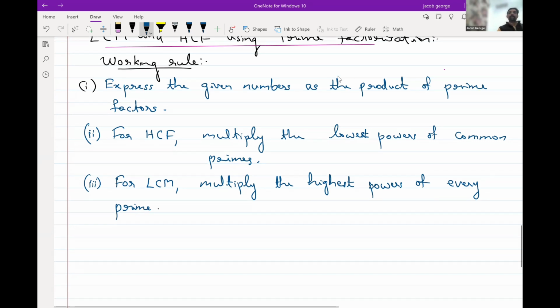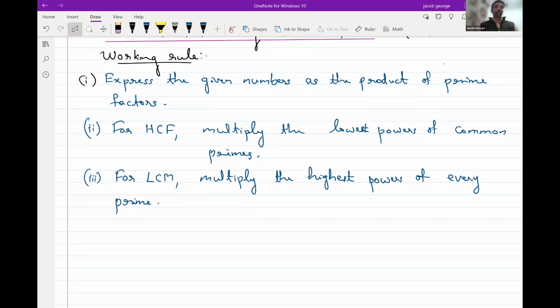Okay, so these are the working rule steps. Step number 1, express the given numbers as a product of prime factors. For HCF, multiply the lowest powers of common primes. I will explain it with an example, then you will get a clear idea. For LCM, multiply the highest powers of every prime. Okay, not only the common primes, every prime. Then there is a special note.